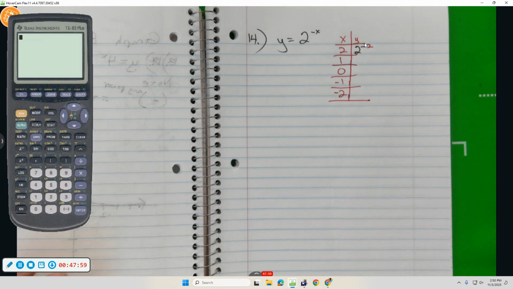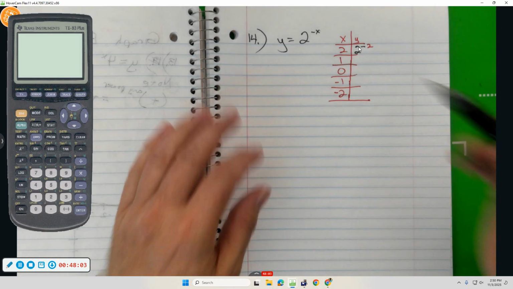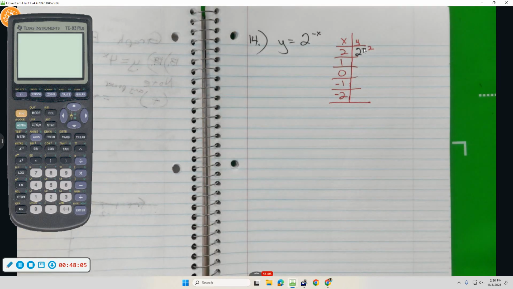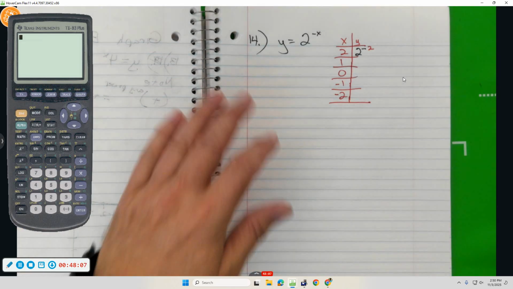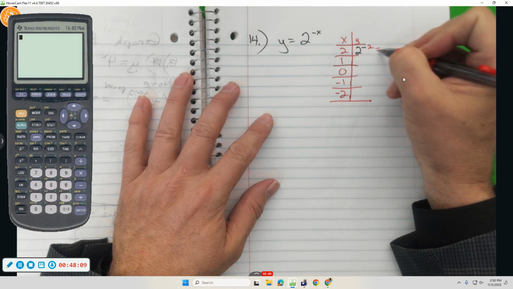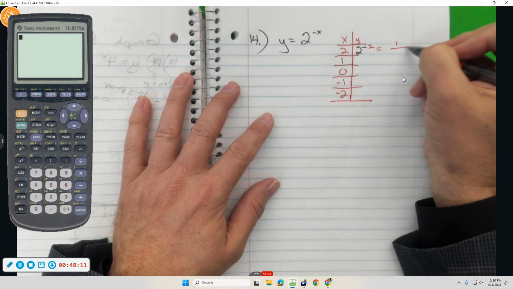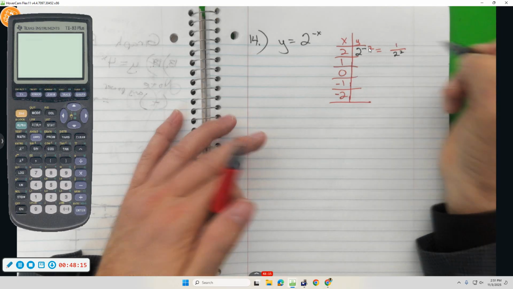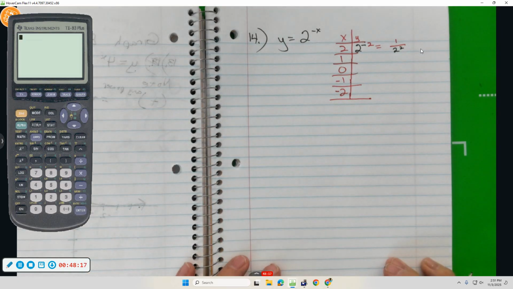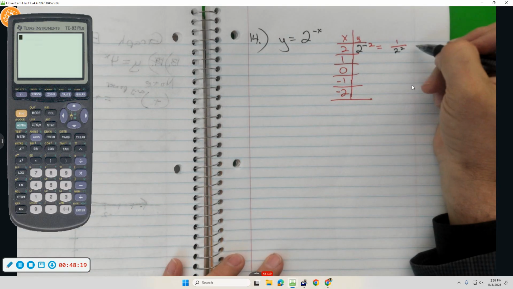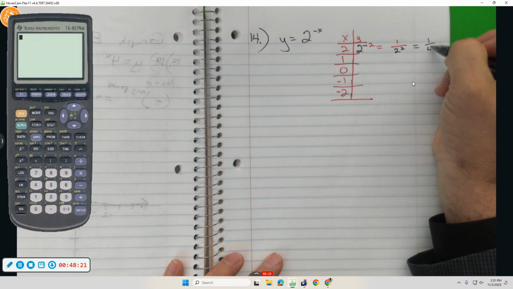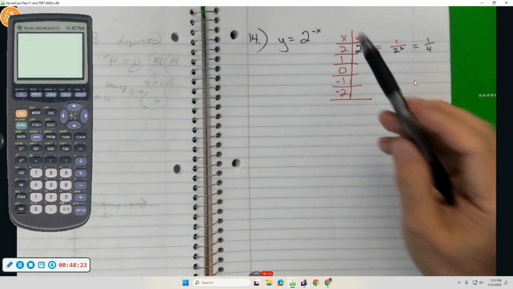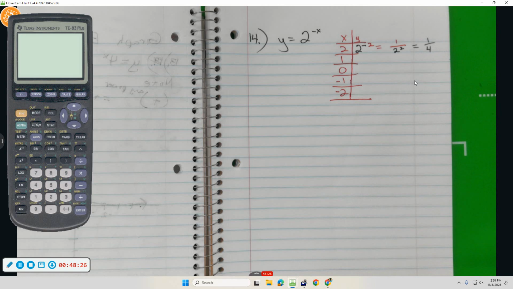What's 2 to the negative 2 equal? A negative exponent is saying the reciprocal. That's 1 over 2 to the positive 2, which gives us the fraction 1/4. So we're going to go right 2 and up 1/4.